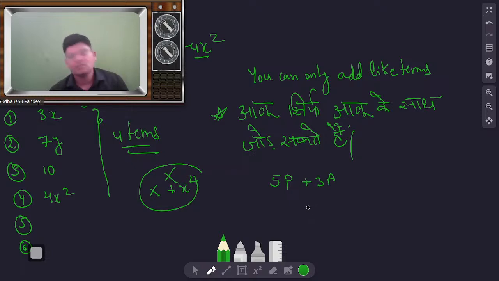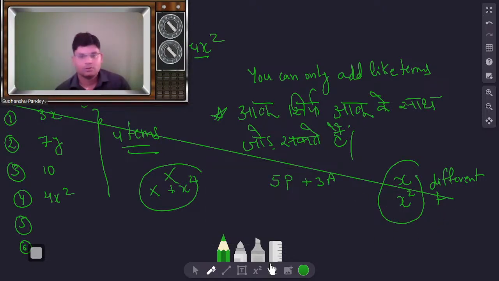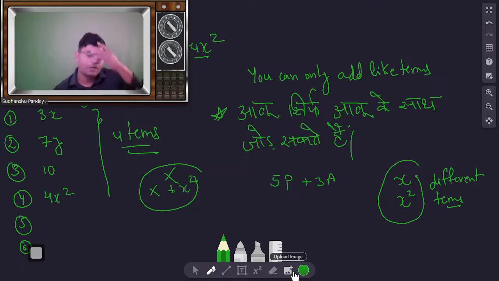So that means you cannot add x and x square. They both are different terms.